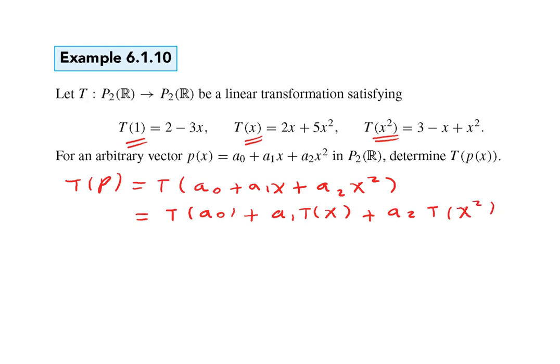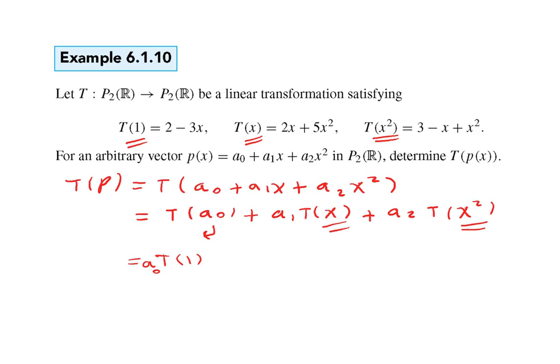But as we said earlier, you have T of x and you have T of x to the second. T of 1 is not clear yet, but we could take a sub 0 out and leave it as T of 1. So let me show you this part. T of 1 and a sub 0 is outside.